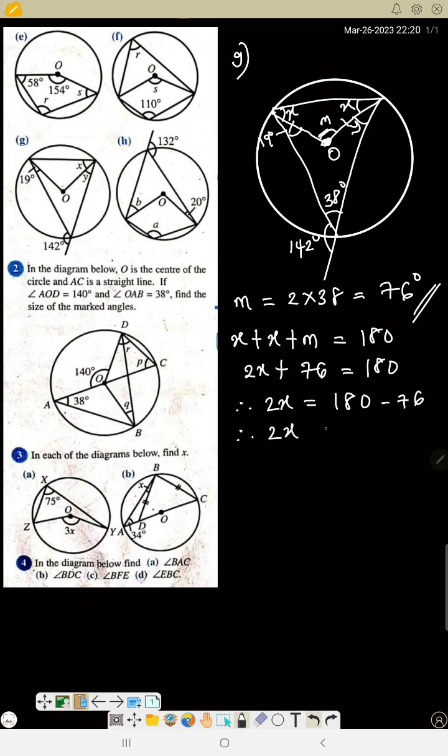So therefore 2x now is equal to 180 minus 76. So that is 104. So x is equal to 104 divided by 2. x is equal to 52. So now we know this x is 52, here too 52.